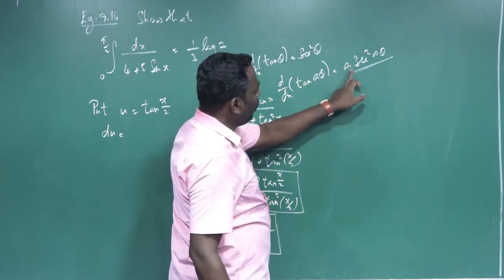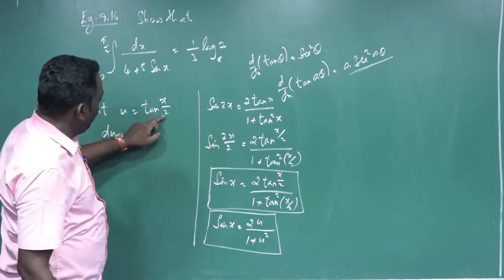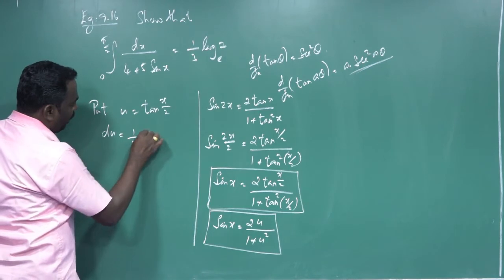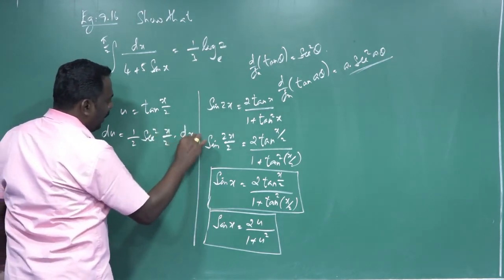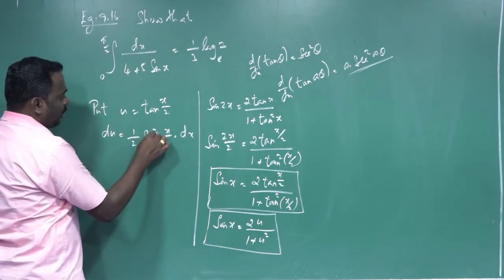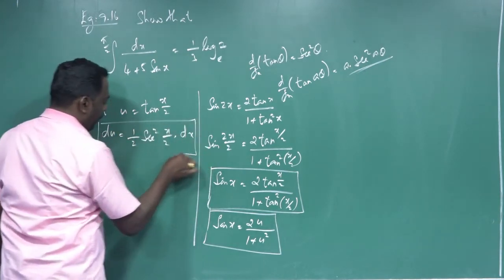Here a is 1 by 2, therefore du is equal to 1 by 2 into secant square x by 2 into dx. This is the du value.